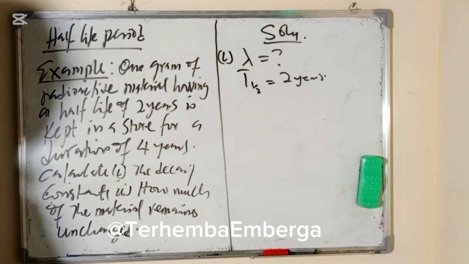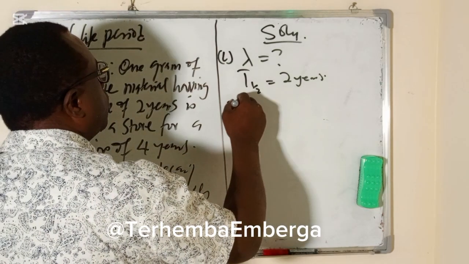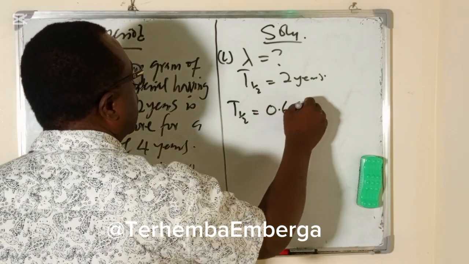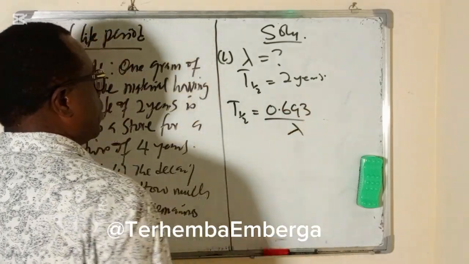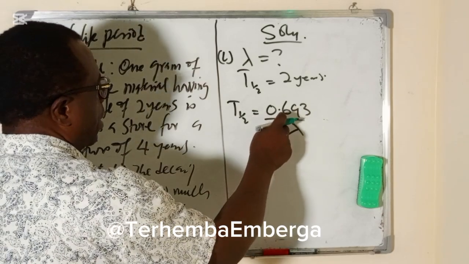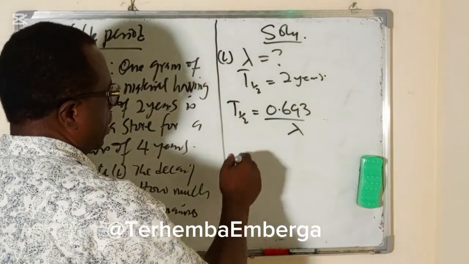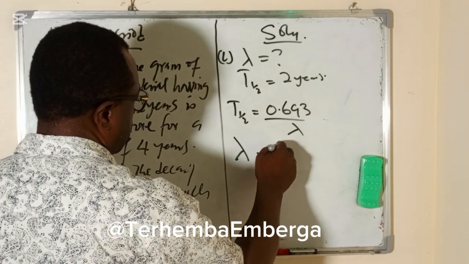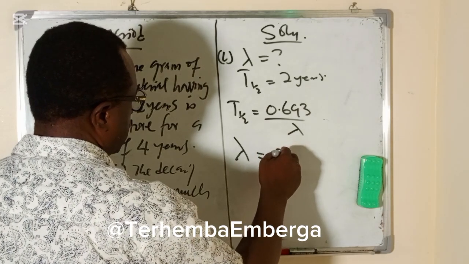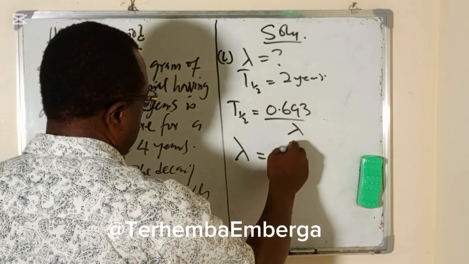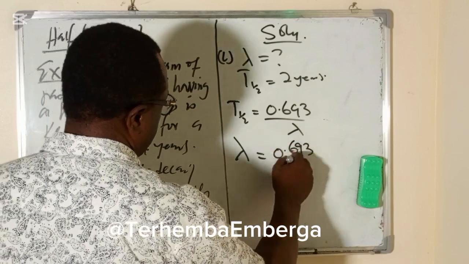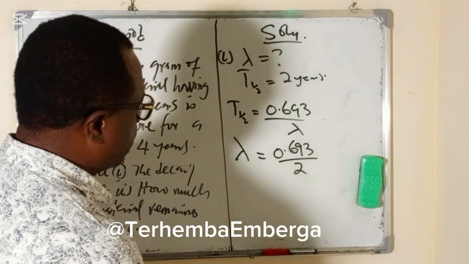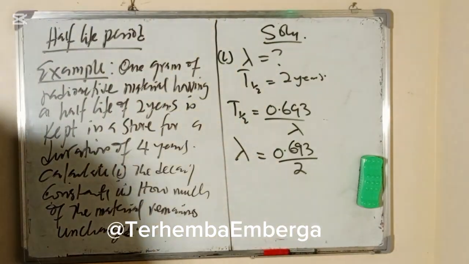So we know that this is given as 0.693 all over lambda. And what we are looking for here is lambda. So lambda now becomes 0.693 all over 2, because our half-life is 2 years.